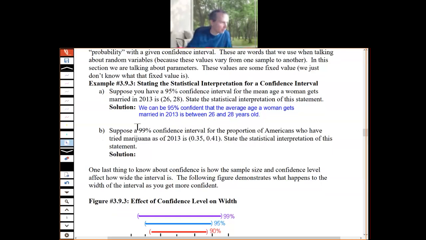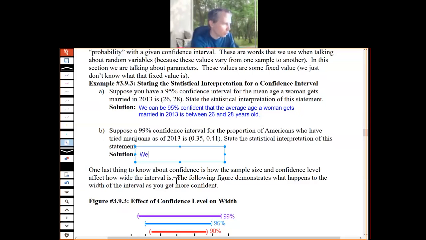Let's look at another example. Suppose a 99% confidence interval for the proportion of Americans who have tried marijuana as of 2013 is 0.35 to 0.41. State the statistical interpretation of this statement. I'm interpreting what this confidence interval means again.